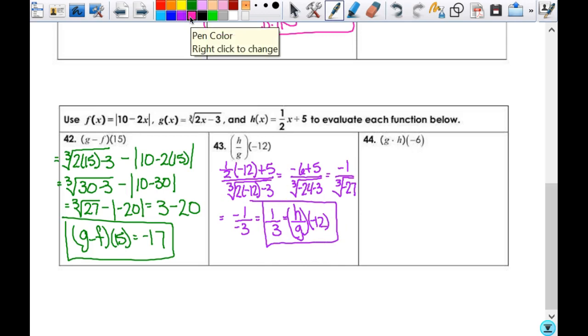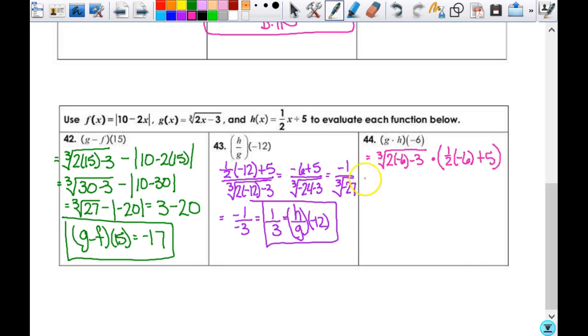All right, so then g times h of negative 6. So g of negative 6 is the cube root of 2 times negative 6 minus 3, times h, which is going to be 1/2 times negative 6 plus 5. So this gives me the cube root of negative 12 minus 3, times negative 3 plus 5.